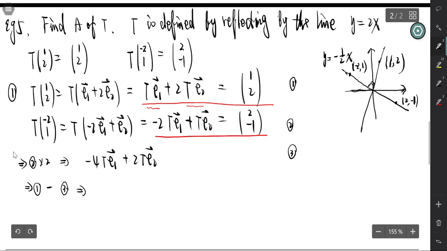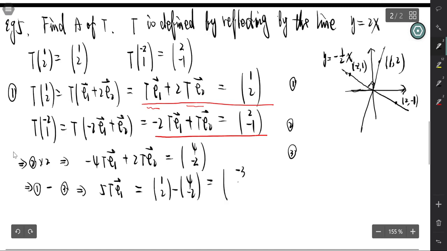We got 5 TE1 equals (1, 2) minus (4, -2), that is (-3, 4). So we got TE1, that is (-3/5, 4/5).